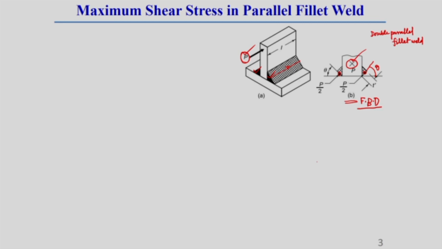Let us consider the free body diagram of this fillet weld, which I am showing in figure B, where the applied load is P, which I am representing by a cross. Why do I represent it by a cross? Because we are taking the side view of this fillet weld, so it is represented like this.